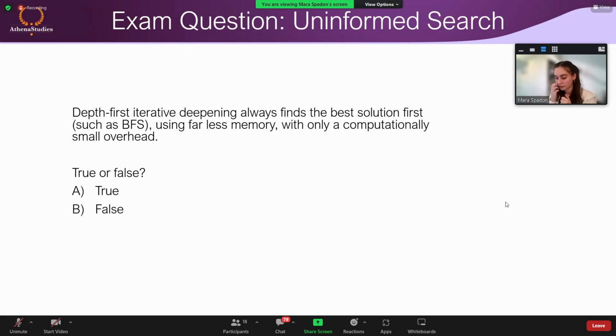Yeah, I thought that the space complexity of depth first iterative deepening is only B times D, while the space complexity of breadth first search is B to the power of D. So that means that iterative deepening uses far less memory. I'm not sure about the computationally small overhead part. But yeah, I'm guessing since it doesn't really explore that many more nodes, that it's only a small overhead.